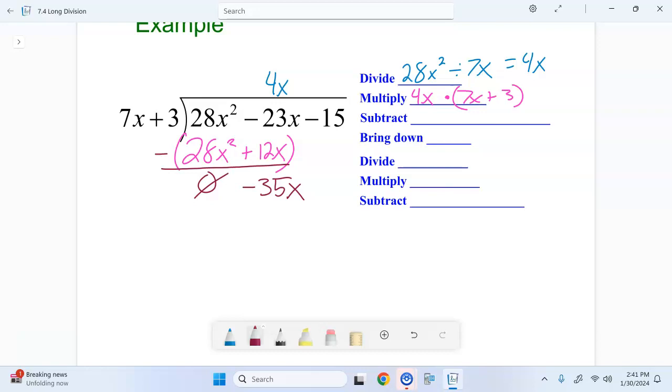This sign is based off of this multiplication. So what is 4x times 7x? That's why it's positive. What's 4x times 3? That's why it's positive.